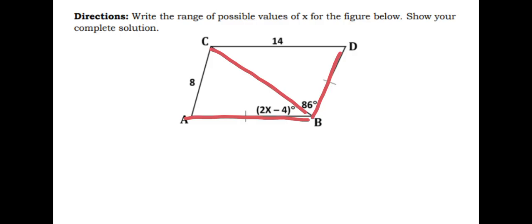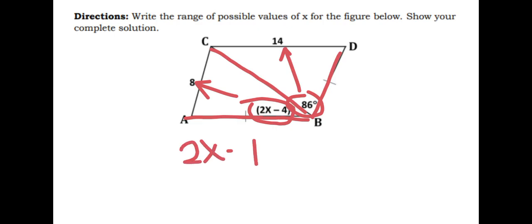Okay, the opposite of 2x minus 4 is 8. The opposite of 86 is 14. So therefore, we can say that 2x minus 4 is less than 86, right?